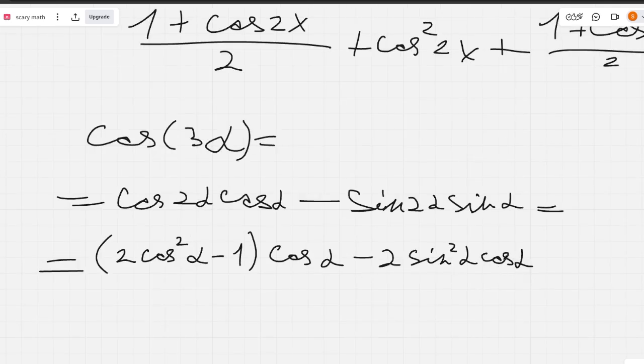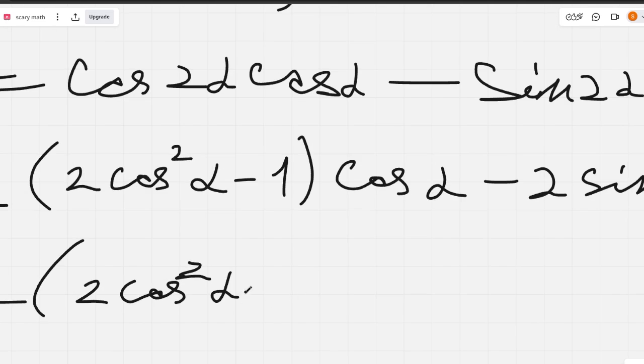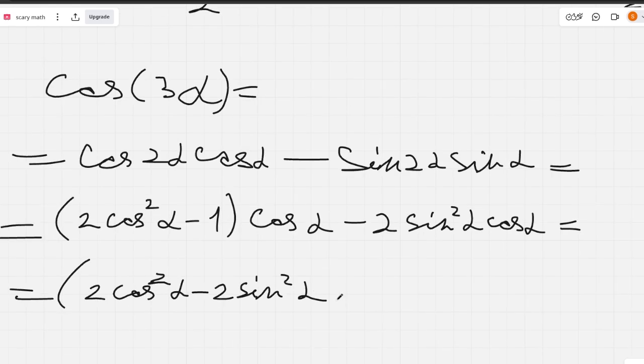Now we can bring the 2 sine squared alpha inside of the parentheses, so what we get is 2 cosine squared alpha minus 2 sine squared alpha minus 1 times cosine of alpha.